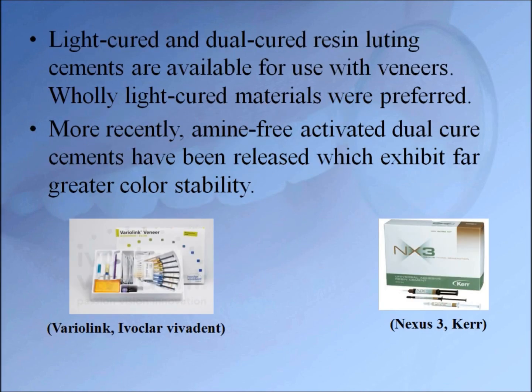Light cure and dual cure resin luting cements are available for use with veneers, while the light cure materials were preferred. More recently, amine-free activated dual cure cements have been released, which exhibit far greater color stability.